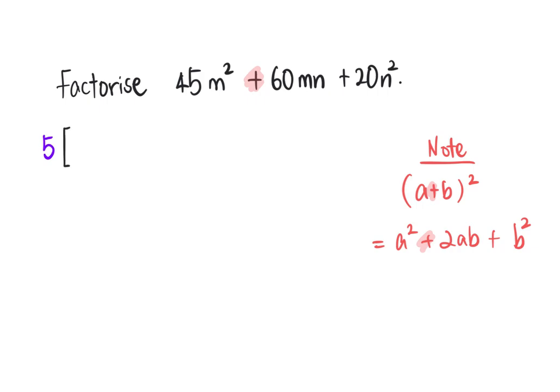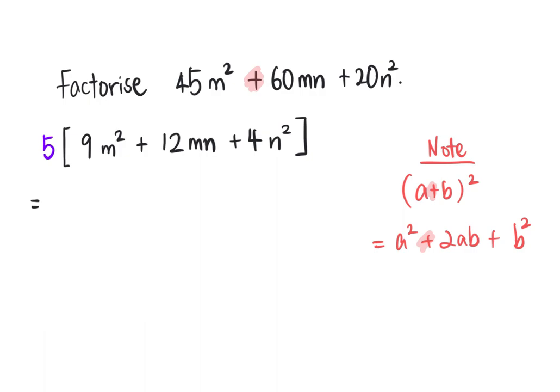Such that I would have 9. 45 divided by 5 is 9. 60 divided by 5 would be 12. And 20 divided by 5 would be positive 4 and square.